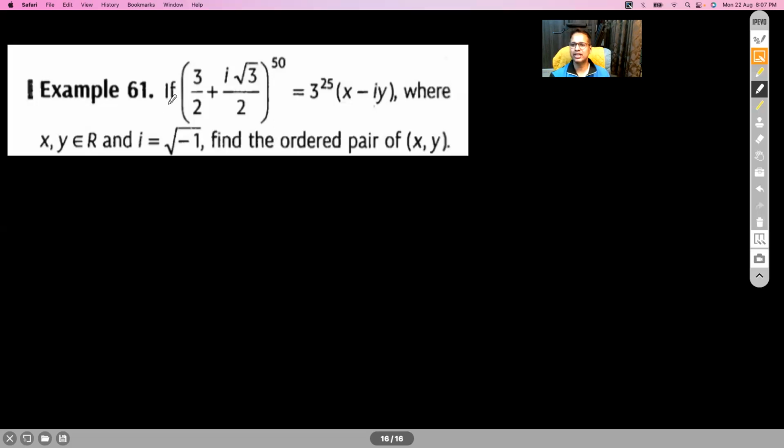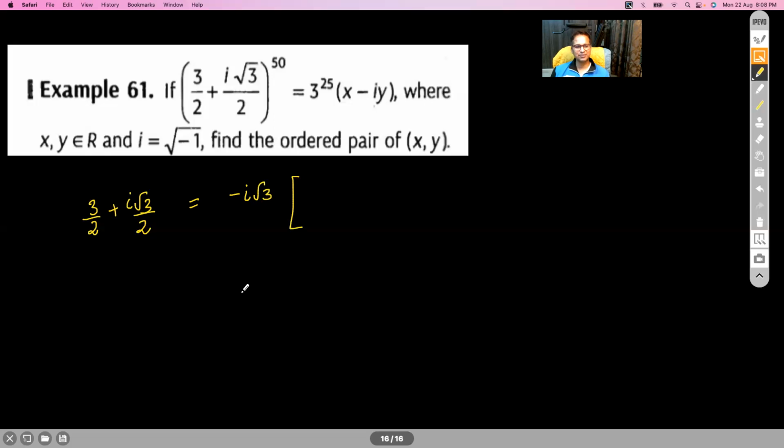Okay, so in the interest of time, let me take this concept up. Look at this term, 3 by 2 plus i root 3 by 2. In this, I would like to take minus i root 3 common.